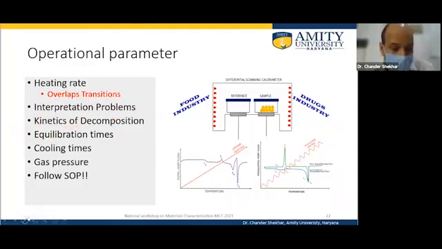The other important parameter is the equilibration time, because this is a very sensitive thermobalance. Even a small change in the purge gas flow rate disbalances this thermobalance, and it generally takes a few minutes to come to the equilibration state.